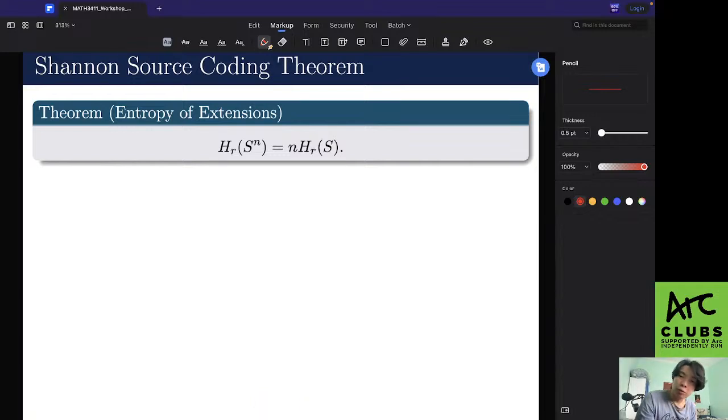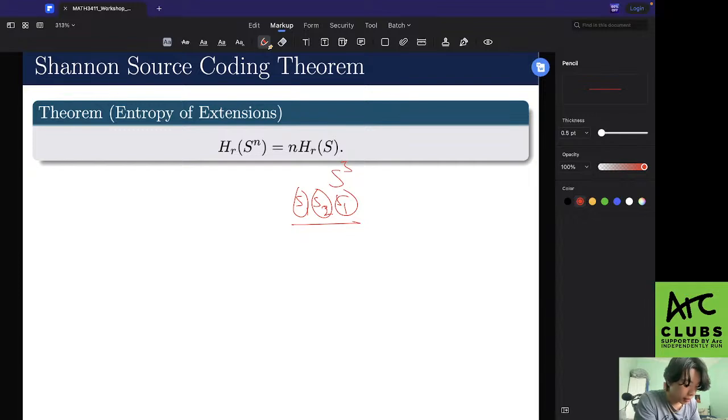So how might we actually find the entropy of extensions? You might remember extensions from before. We have something like S of 3, and that represents maybe the set of all code words with length 3, given with these source codes.